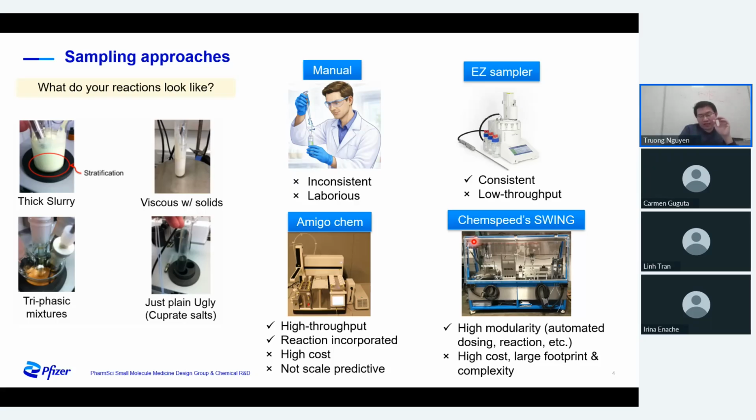But when we go to higher levels of automation and advancement, it often comes with higher costs, a larger footprint, and a lot of the time increased complexity. Because of all this, we want a middle point: a platform that can generate automated sampling at a medium throughput level, but is also not complicated or too expensive.